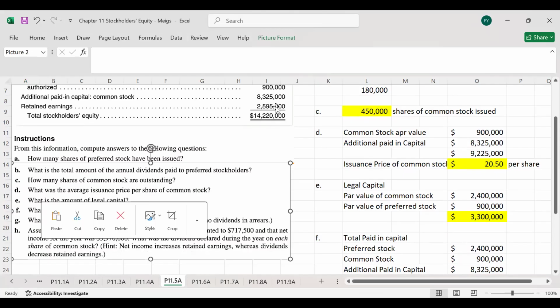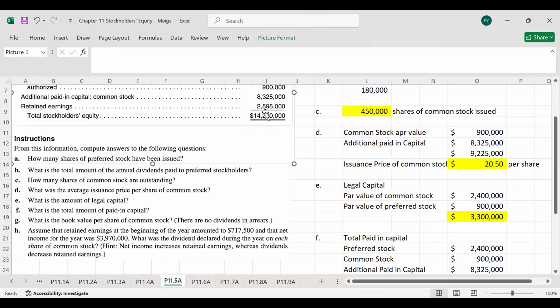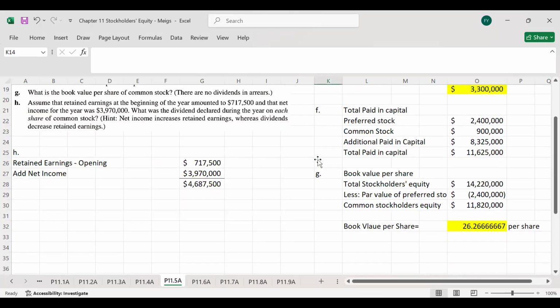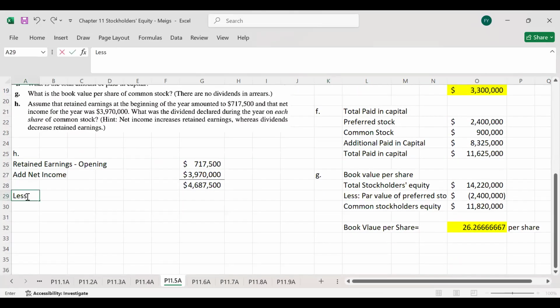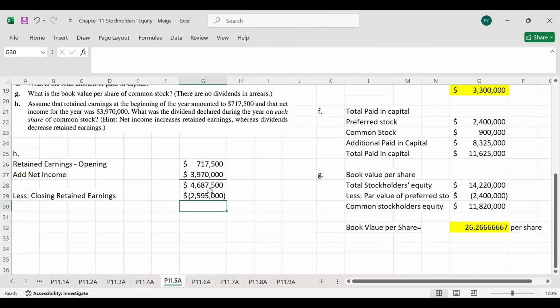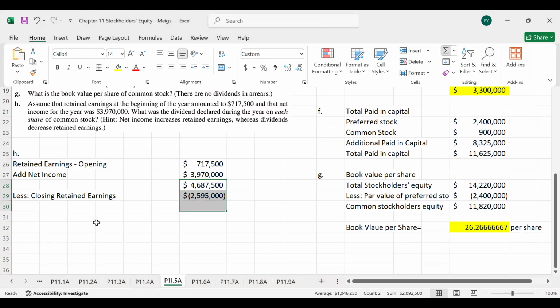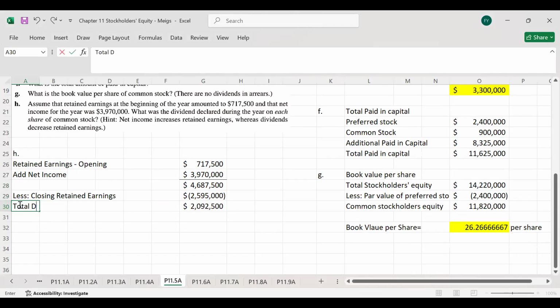So we will deduct the closing balance of retained earnings, which is 2.595 million, or 2,595,000. So this is the total dividends paid.